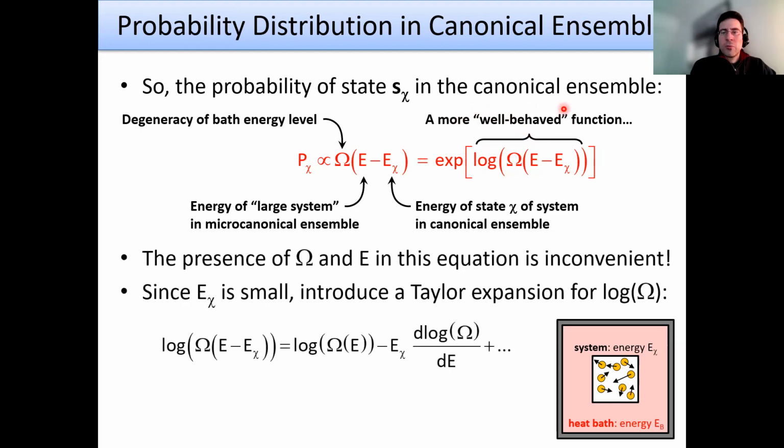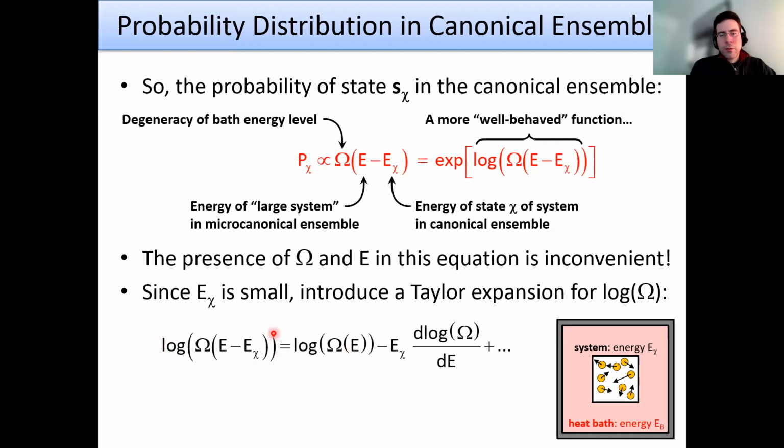So I'm going to introduce a Taylor expansion. Why can I do this? Because E is a large number compared to E chi. So E chi is something small, and I can introduce a Taylor expansion for this logarithm of omega around E with E chi as a small perturbation. Yeah.